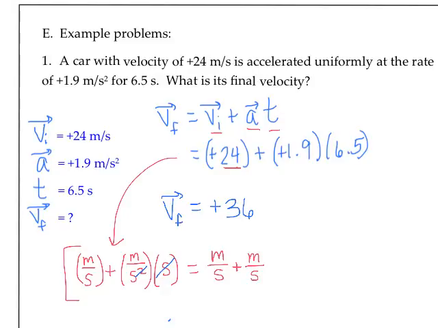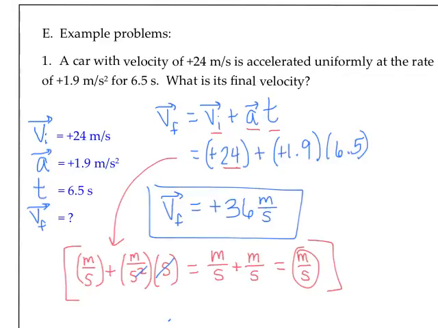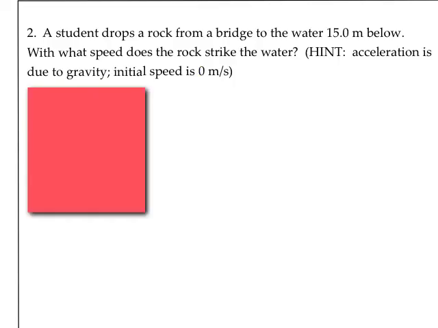And once those units and dimensions agree, we're just going to say, yep, everything was meters per second, we're all good, and we can put that unit on at the end. So you can substitute those in with your numbers if you would like, or you can do them separately and then make sure you include your units in your final answer.